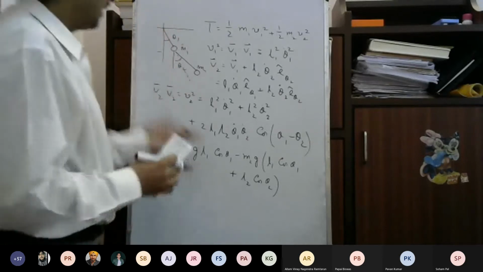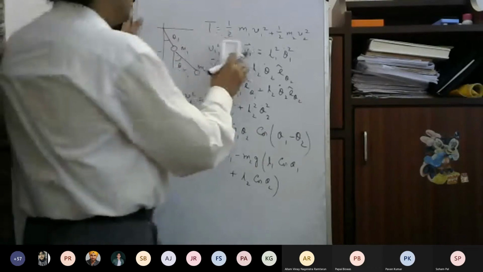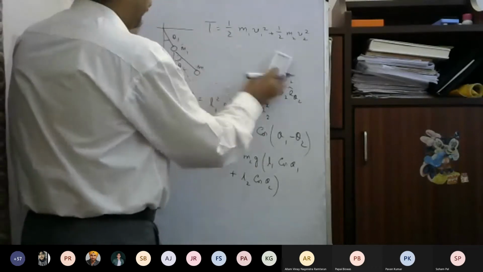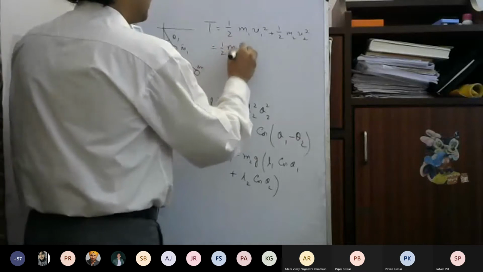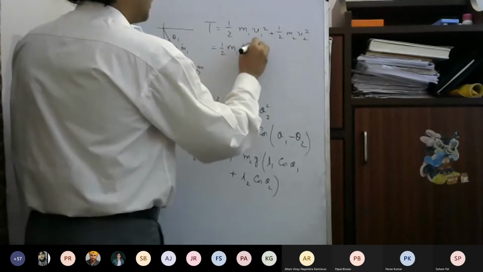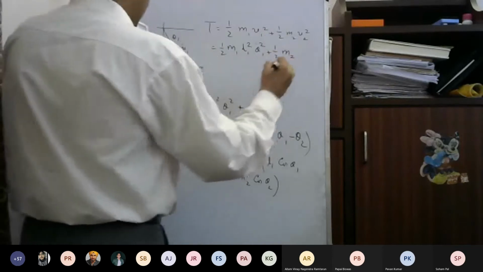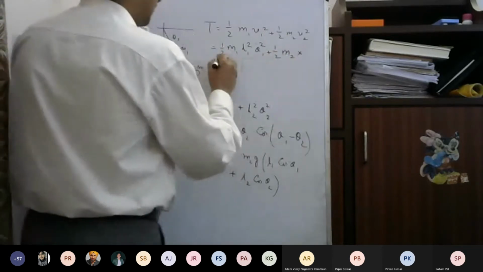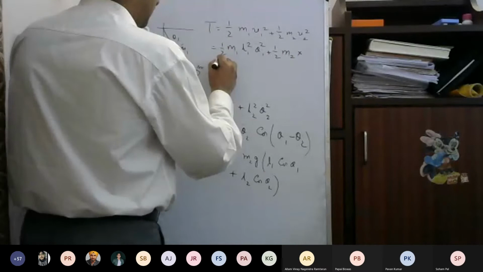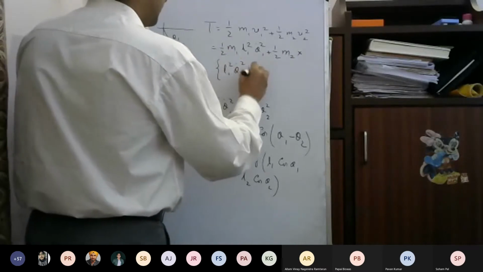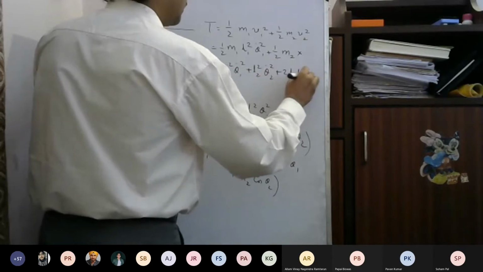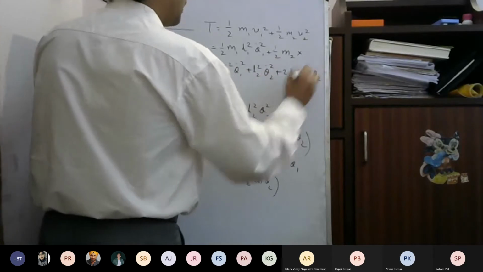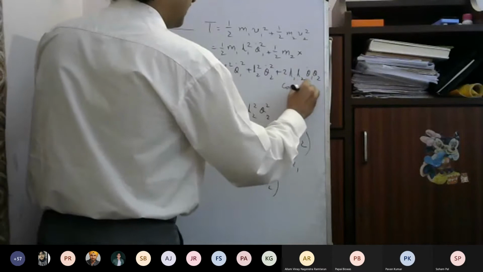So once you get the value of this T, T will be equal to half M1 L1 square theta 1 dot square plus half M2 times L1 square theta 1 dot square plus L2 square theta 2 dot square plus twice L1 L2 theta 1 dot theta 2 dot cosine of theta 1 minus theta 2.